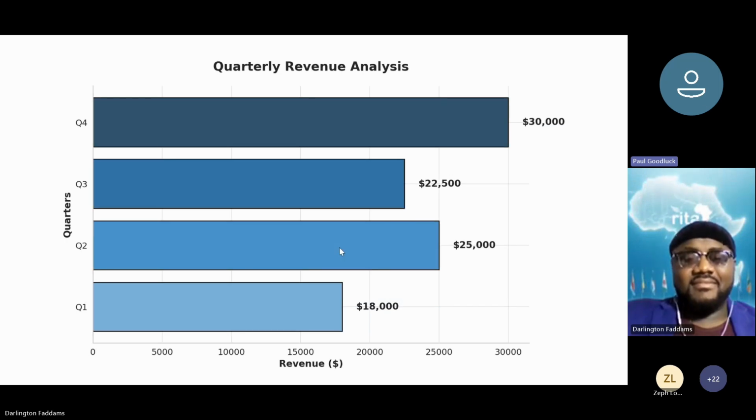Basically, I think that is just the difference. One is focused on the overall trend. The other one is used for individual values. That is what I can say as regards that.